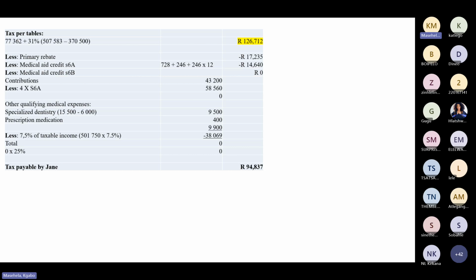Then my question to you guys, you need to answer me. Why are we using 4 and we are not using 3? It says less 4 times section 6A, and section 6A we have already calculated as 14,640. Why are we using 4 instead of 3?